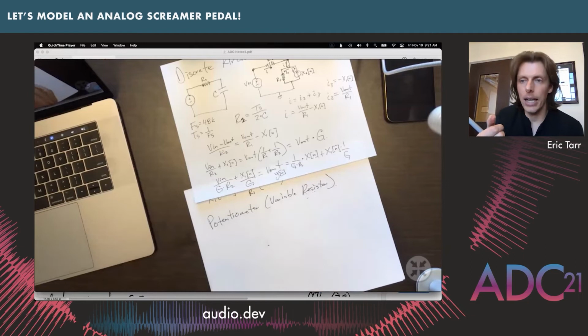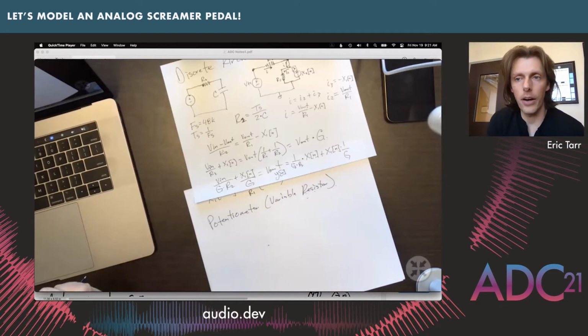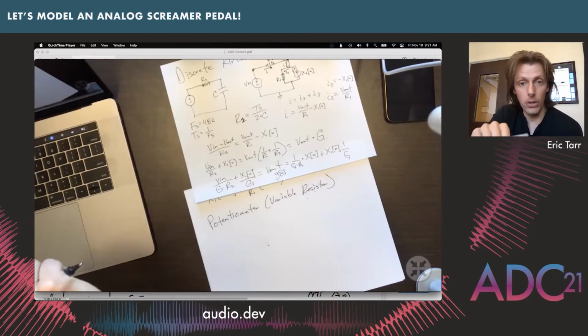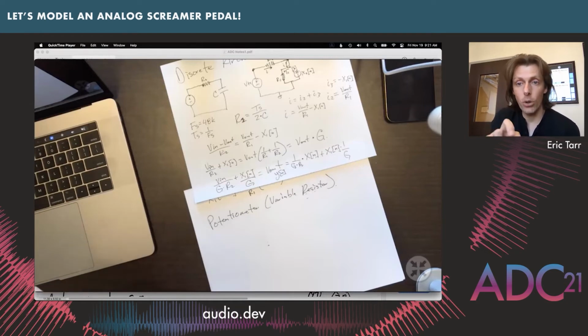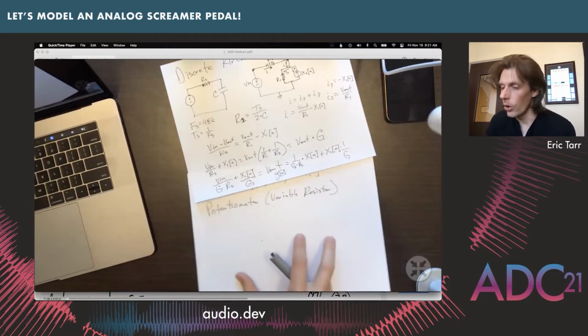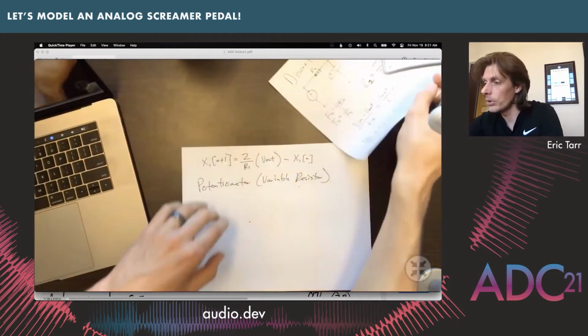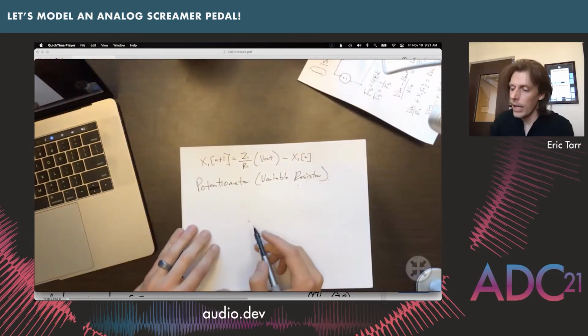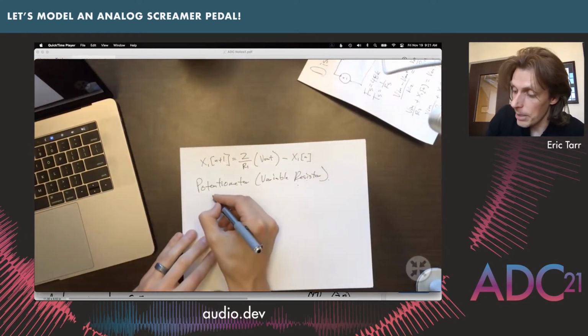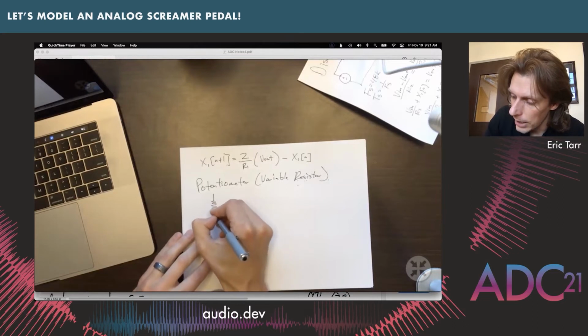So this is how we can have parameterized control of our circuit, right? You have a knob on the pedal that you twist, and that knob is controlling this variable resistor that's part of the actual circuit. And so we need a way to include this in the circuits that we're going to analyze. So a potentiometer, in terms of a schematic symbol, ends up looking like this.